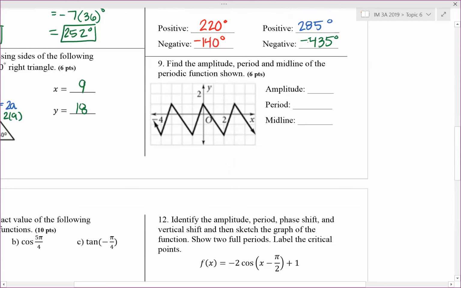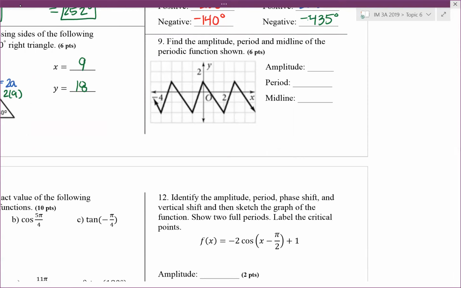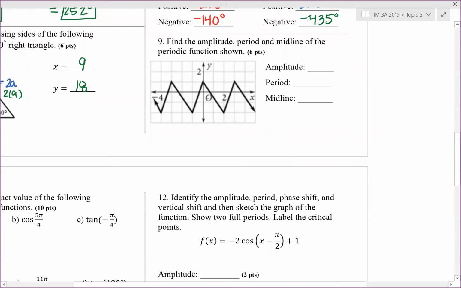The last problem on the first page is having us find the amplitude, period, and midline of the periodic function shown. So with the amplitude, remember that we're looking at the distance from the midline to the maximum, or the distance of the midline to the minimum.